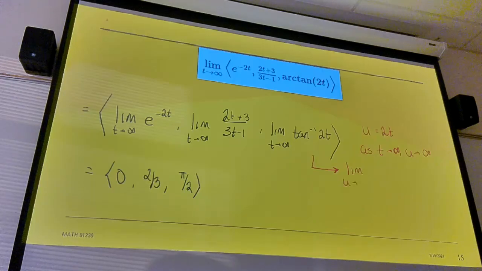So those are the same limit, it just makes it easier to see. So then the idea becomes, what is the range of the inverse tangent? Negative pi over 2 to pi over 2. So you have to keep that in mind.